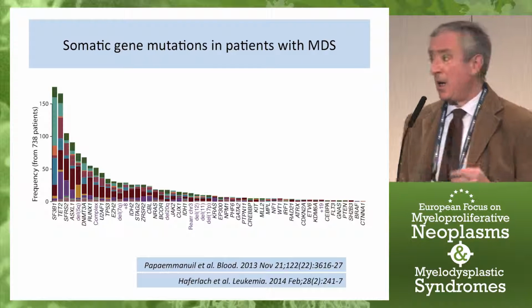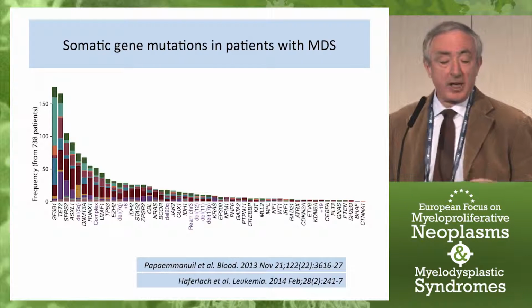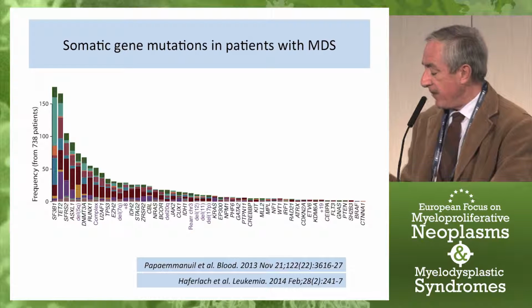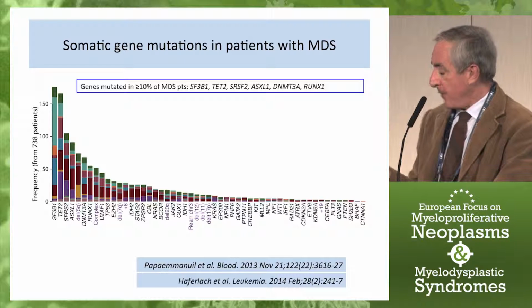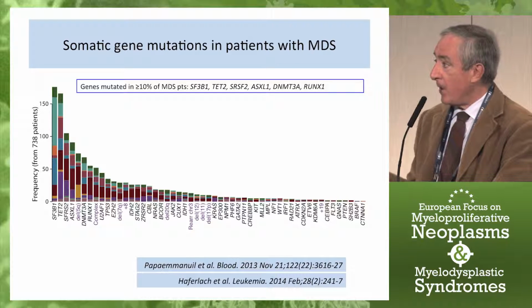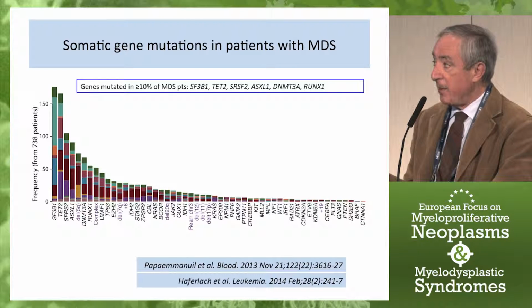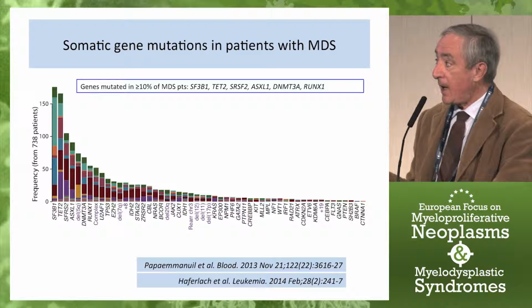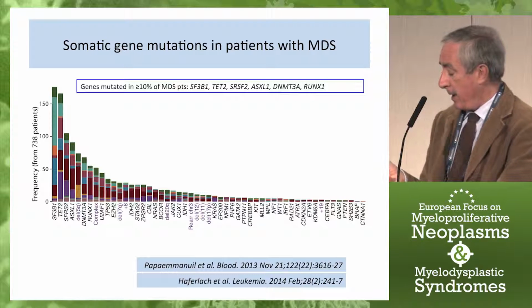So altogether, here we have more than 1,500 patients, and in both studies, only 6 genes are mutated in more than 10% of MDS patients, and these genes are SF3B1, TET2, SRSF2, ASXL1, DNMT3A, and RUNX1.